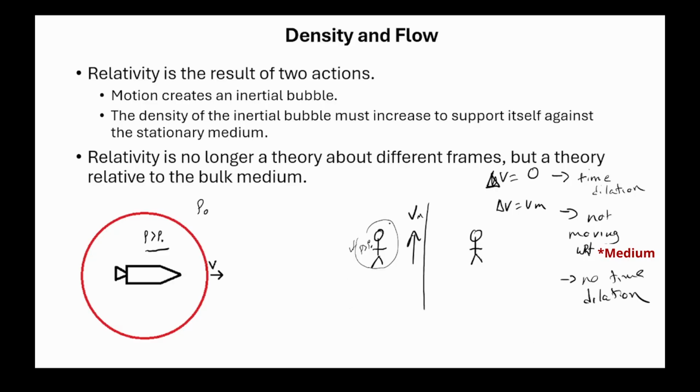So if this person is moving at velocity Vm, then we're not going to actually have any time dilation between them, even though they have different velocities.